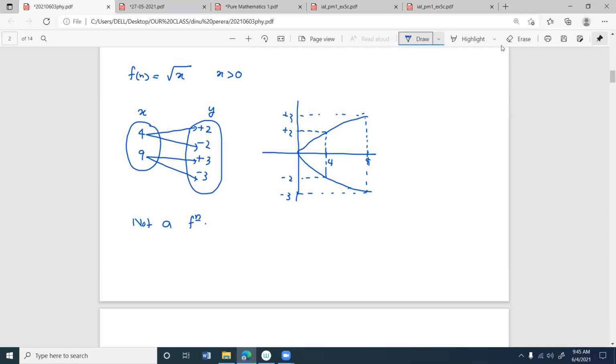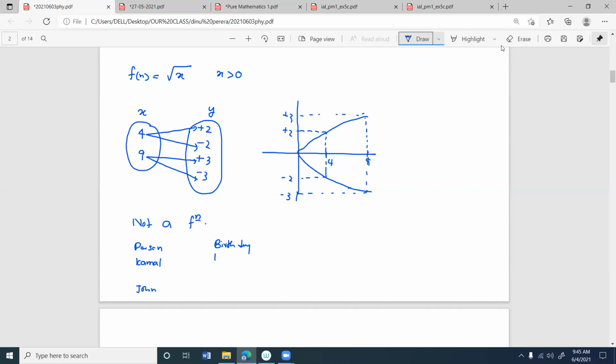Not a function. That means here the person is on this side, and their birthday is on the other side. Like Kamal and John.